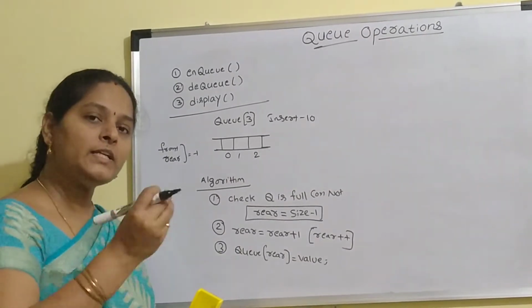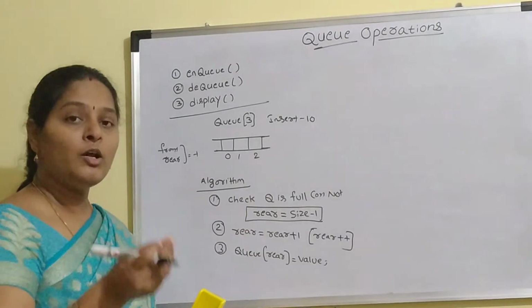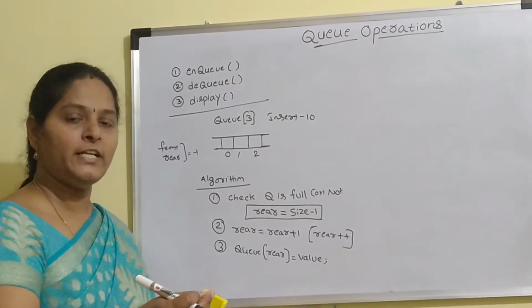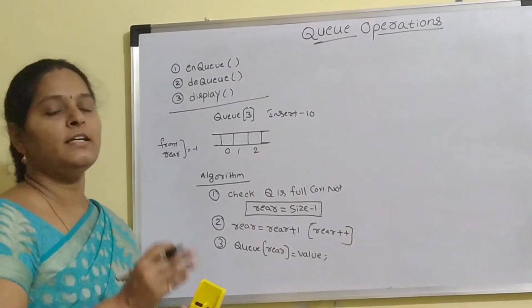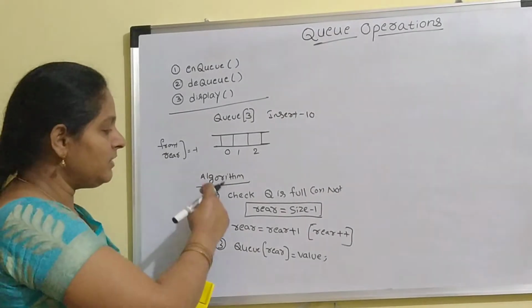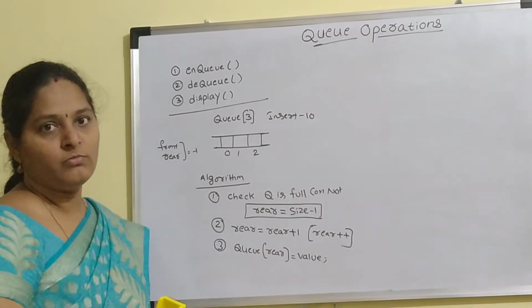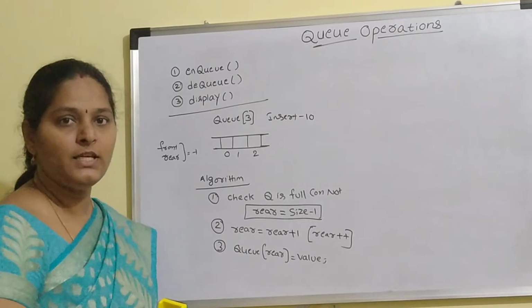So after incrementing the rear pointer by 1, wherever your rear pointer is pointing, in that position we can insert the element. These are the 3 steps we need to follow for inserting elements into the queue.